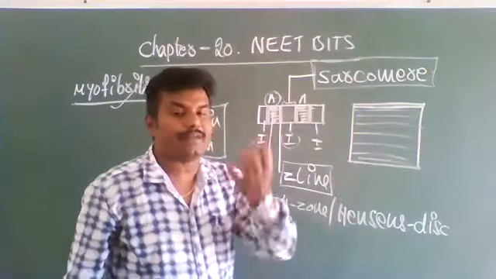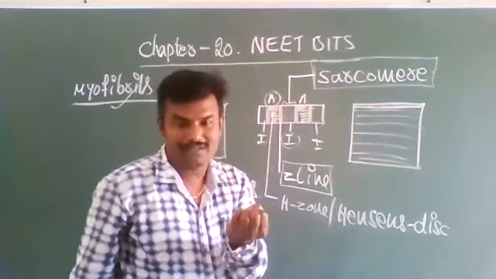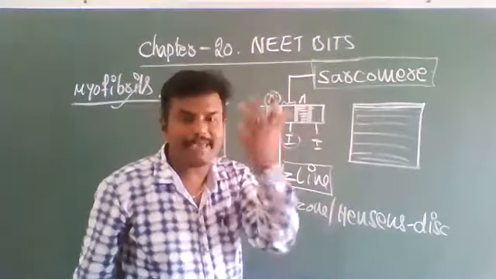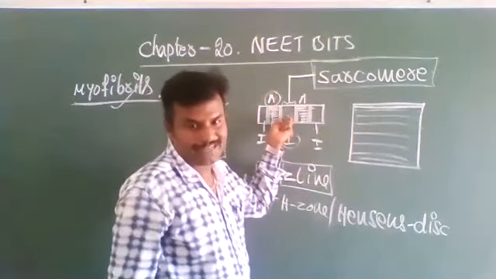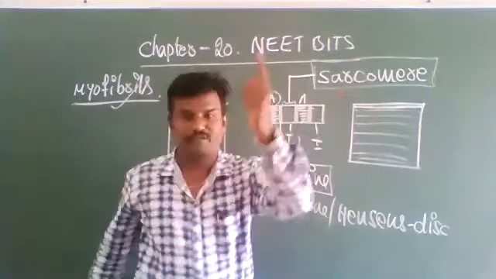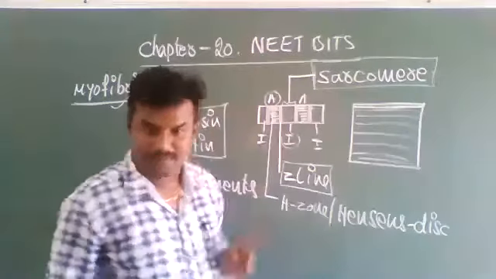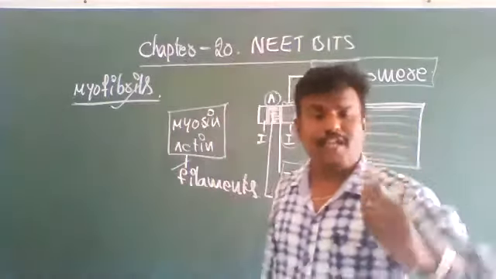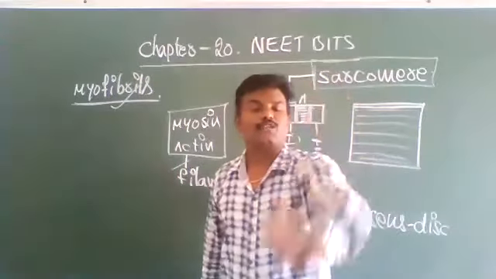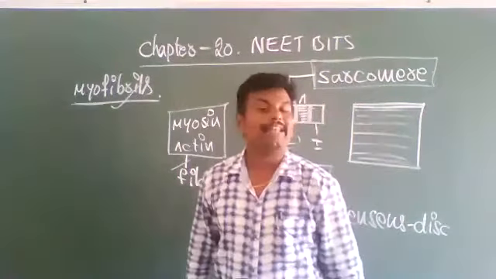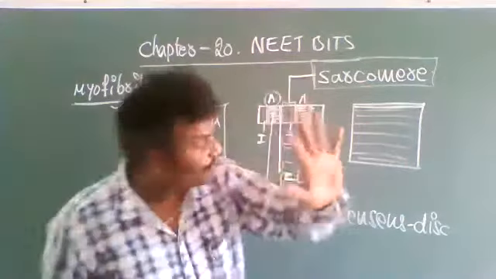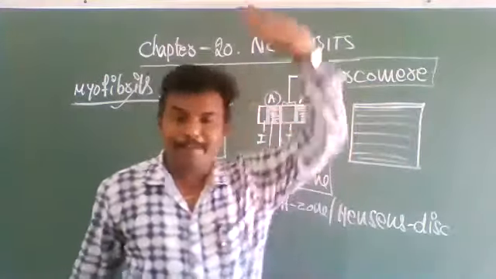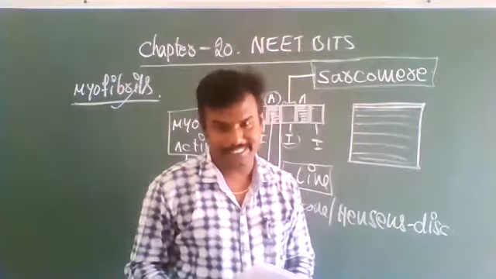Contractile unit means muscles show contraction, and for contraction the main source for the entire myofibril is the sarcomere. So this entire thing is a myofibril. Once again, the sarcomere is the structural and functional contractile unit of the myofibril. From this concept today, a number of bits we will discuss.